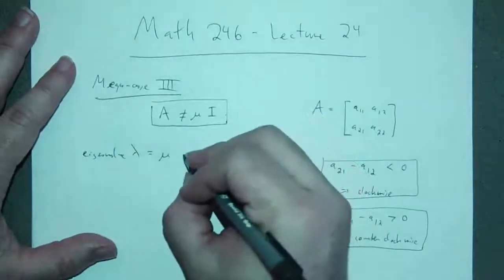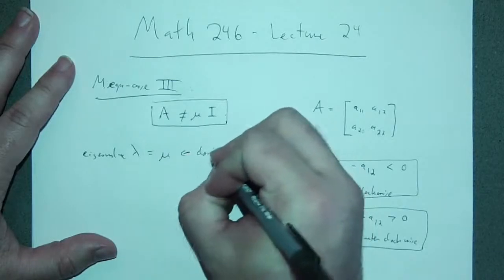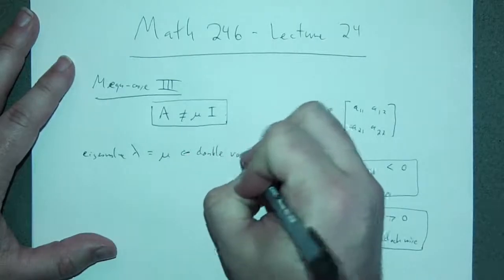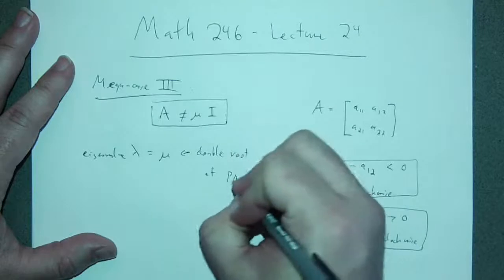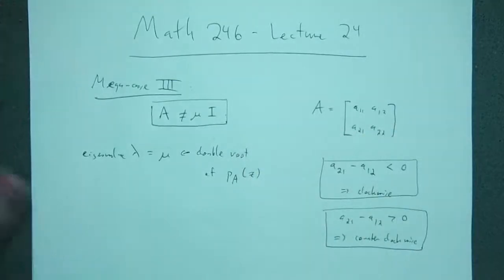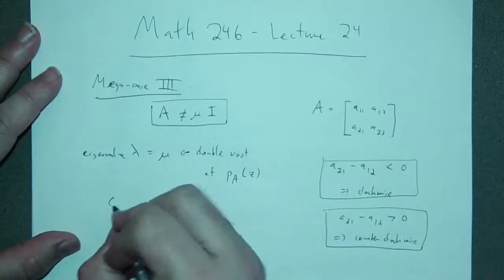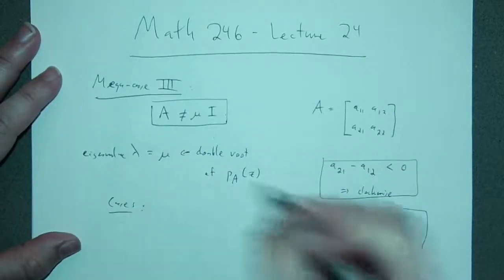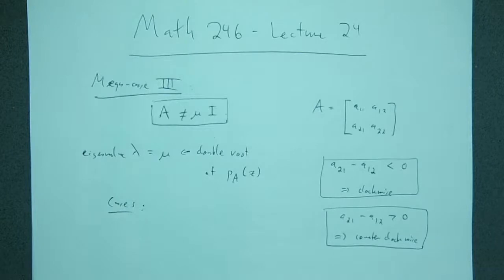And this is a double root of the characteristic polynomial for our matrix A. Well, there are 3 possibilities for what kind of real number mu is, right? This is just trichotomy. So there's the following 6 cases.